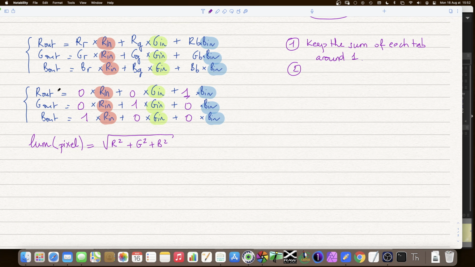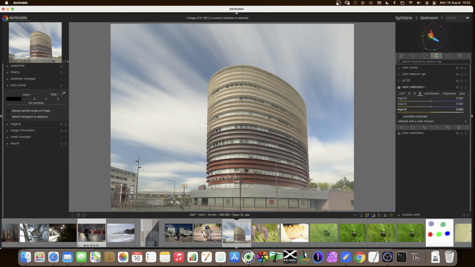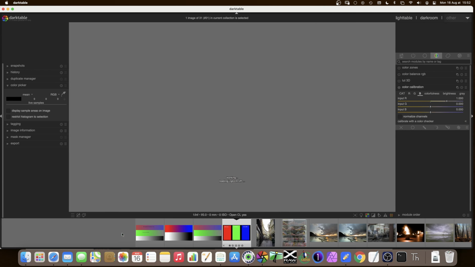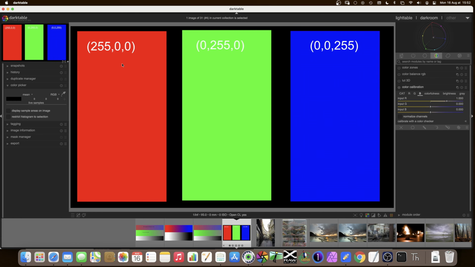So in the red tab, I have 0, 0, 1, and in the blue tab I have 1, 0, 0. And we'll just see, always check if what you're thinking and what you're calculating actually works. I have here a picture which would be useful for that. Red, green and blue. And if I put here red, what's it done?